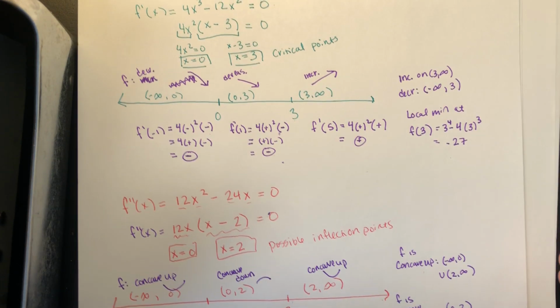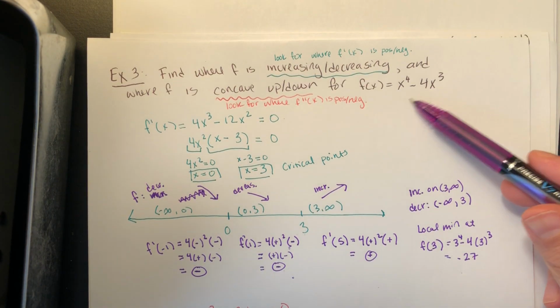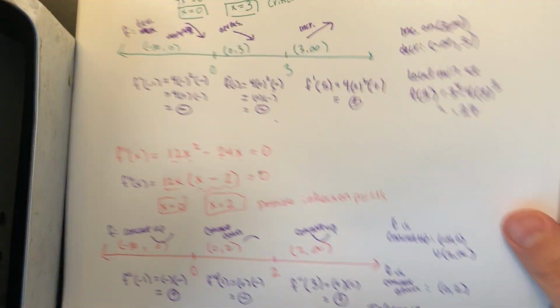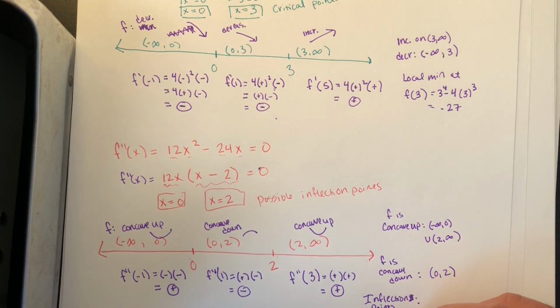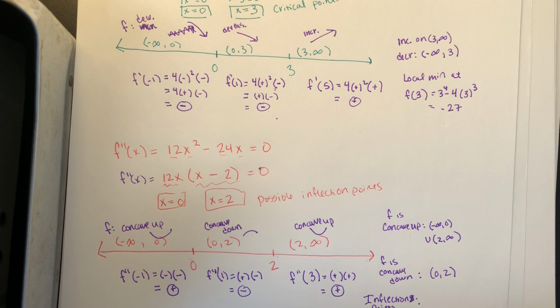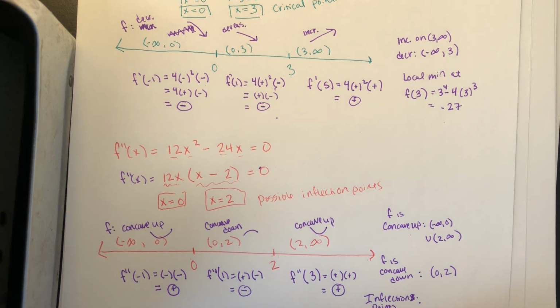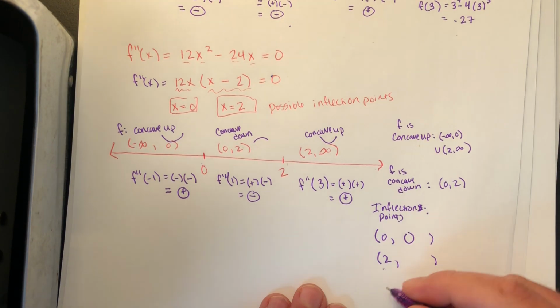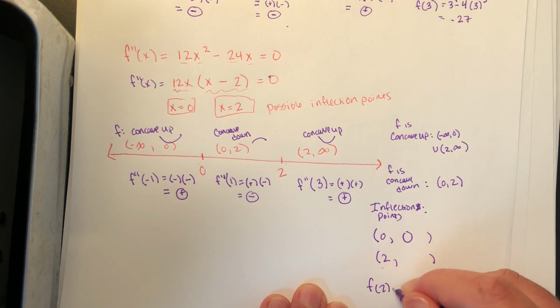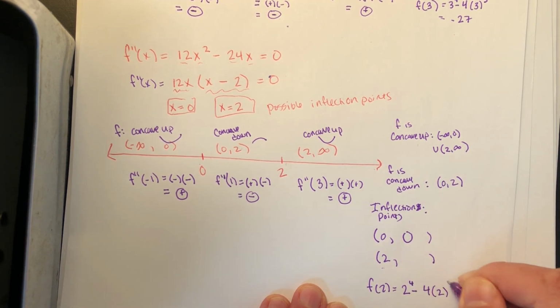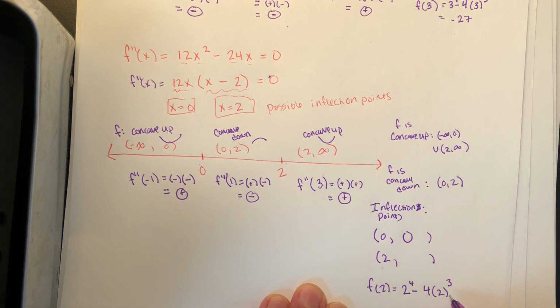The original function, of course, is what we had up here, x to the 4th minus 4x cubed. So when I plug in 0, I get an output of 0, and when I plug in 2, I get f of 2 is 2 to the 4th minus 4 times 2 cubed. So 16 minus 4 times 8 is 32, so this is negative 16.